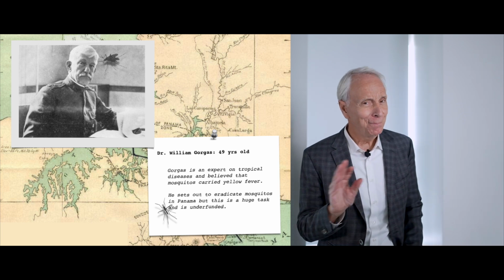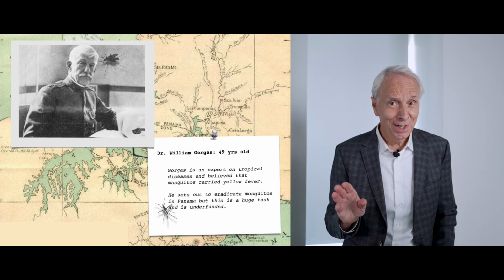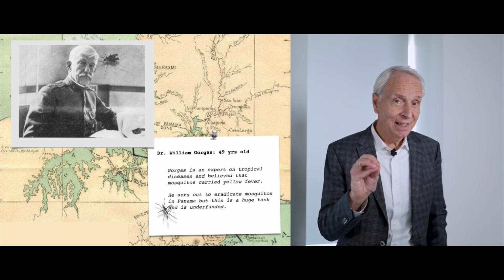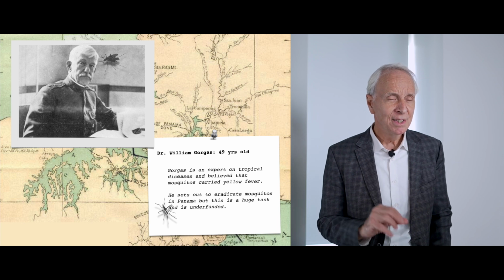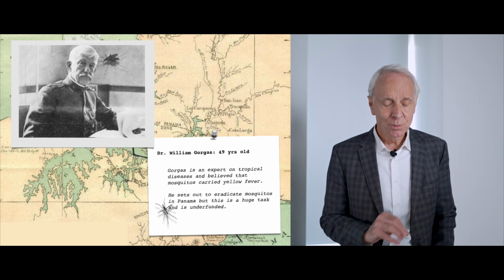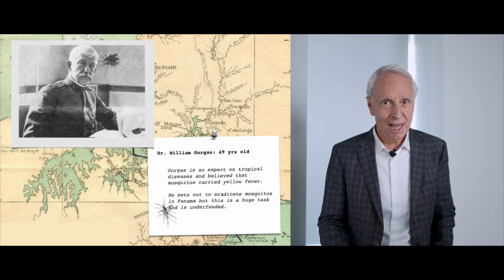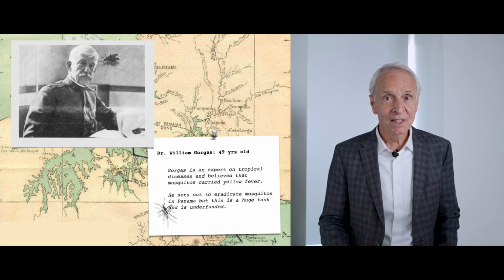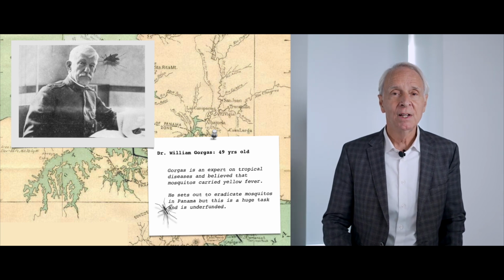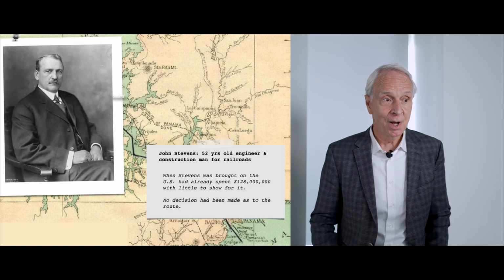Now, most people thought that was baloney, but there had been a little study done in Cuba that seemed to prove that out, and William Gorgas was hell-bent on making this happen in Panama, to eradicate the mosquito and thereby eliminate a lot of the health problems.